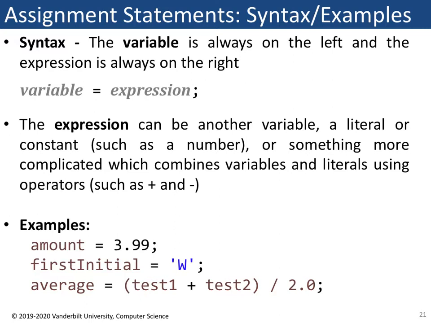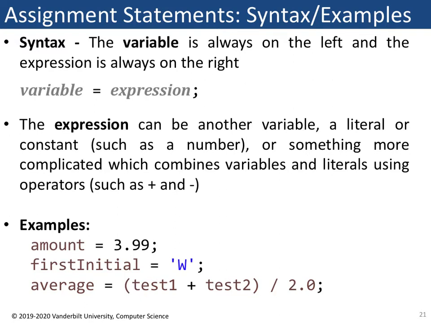In the examples below, we see the variable amount being assigned the value 3.99. So in this situation, we have the variable being assigned an expression, and in this case, the expression is a double literal. So it is a double value literal.